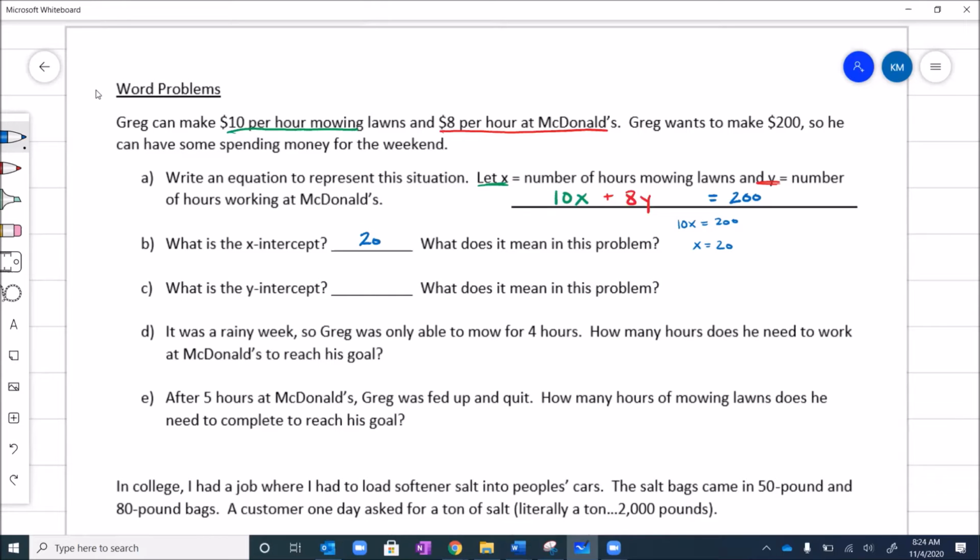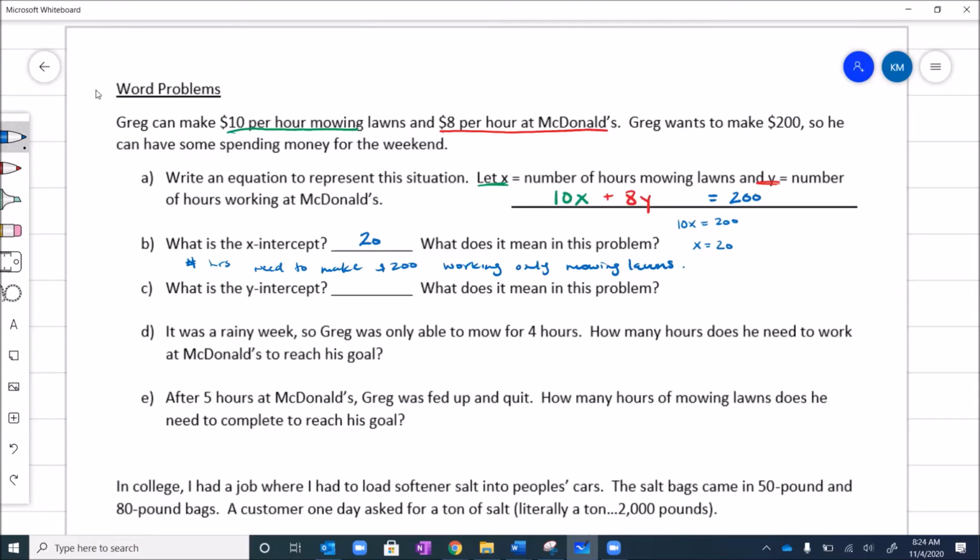Well, it's the number of hours needed to make $200 working only mowing lawns, because that's what X stood for. That's what the intercepts are: if we spent 0 hours at McDonald's, how many hours will we need to work at mowing lawns? 20 hours.